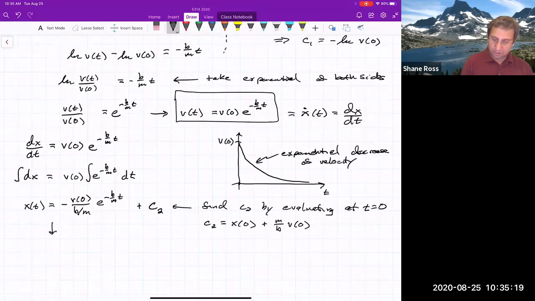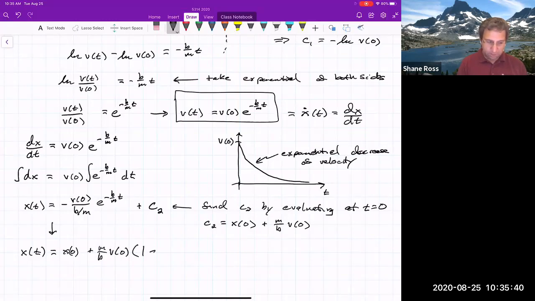Now we put all this together to get basically our solution for x as a function of time. x(t) equals x0, the initial x, plus m over b v0, times 1 minus e to the negative b over m t.